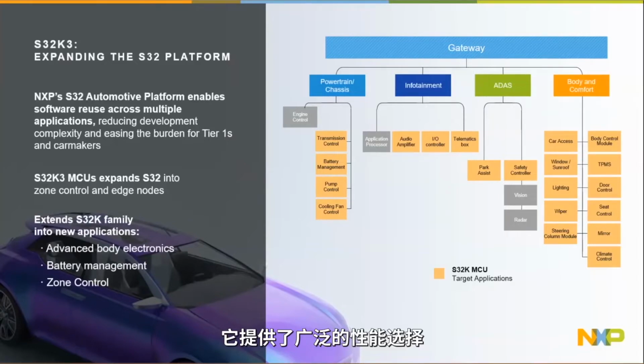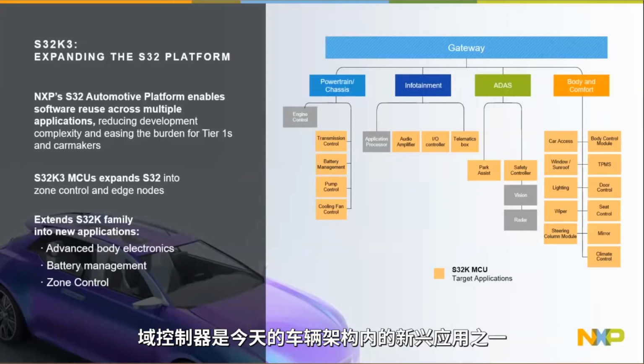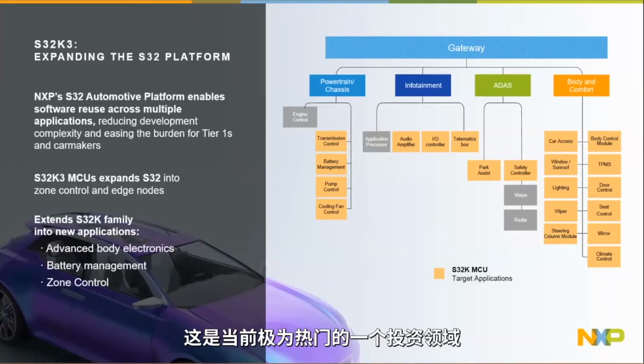And it offers a broad range of performance options in single core and multi-core, including lockstep, and a wide variety of connectivity interfaces. These also make it applicable to zone controllers, one of the new and emerging applications within vehicle architectures today, reducing the wiring harness length and therefore weight in the vehicle, a very popular area of investment at the moment.